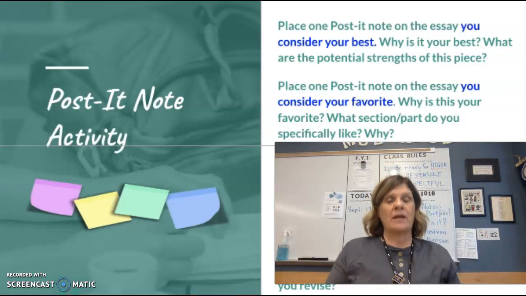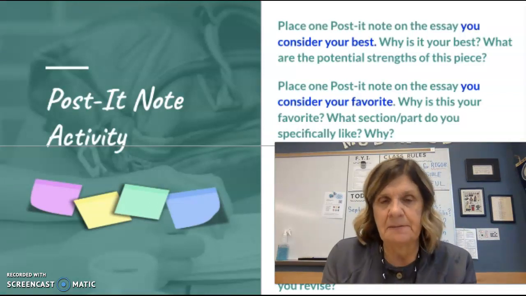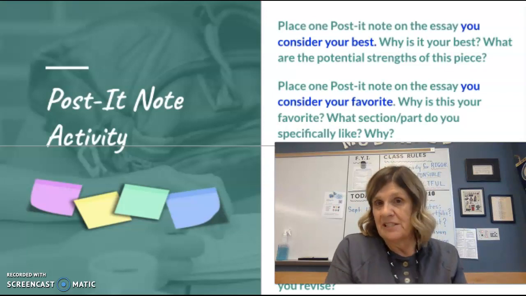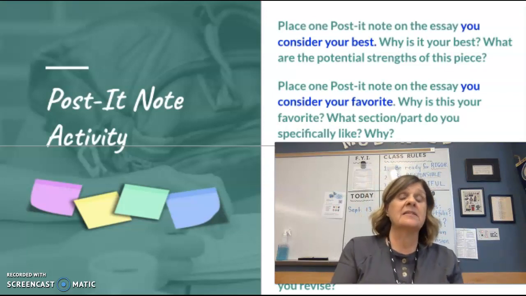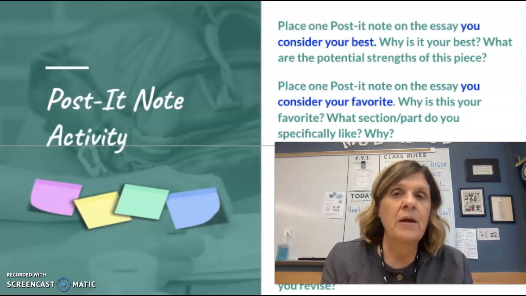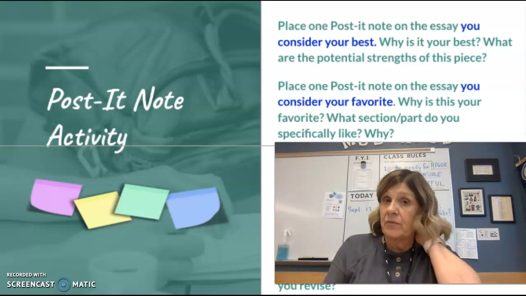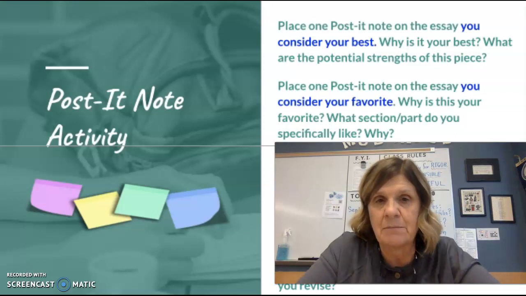So to practice with this idea of big possibilities, I want you to get some Post-it notes. If you're not here at class, you'll actually turn these in. Take out all of the previous essays that you've written for me that I've given you some feedback on. You'll notice there's some things in blue.